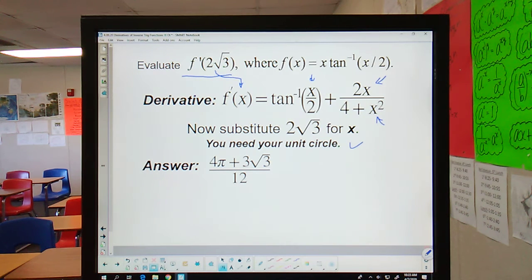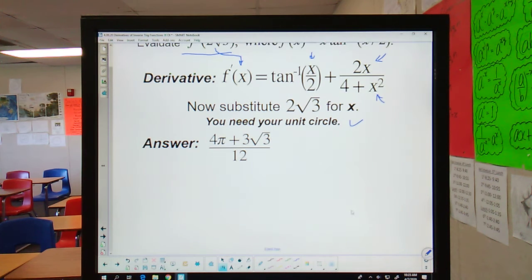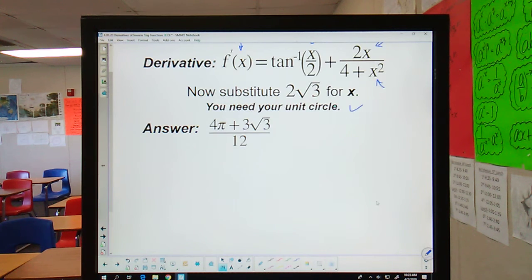Hopefully you got the answer of 4 pi plus 3 radical 3 over 12. Now, if you didn't, let's see why here. Okay, you're putting in 2 radical 3 for all of the x's up here.